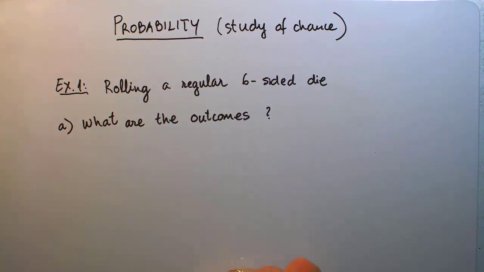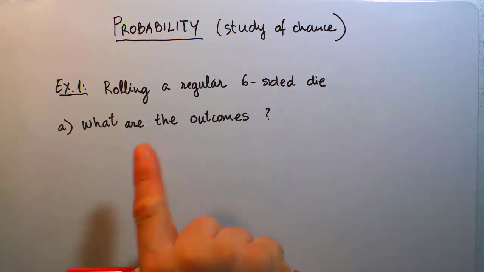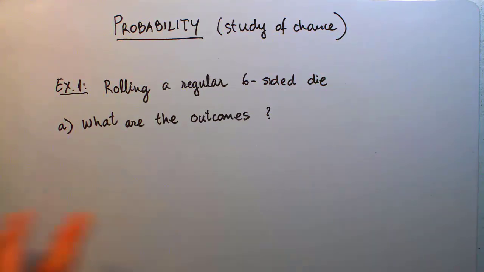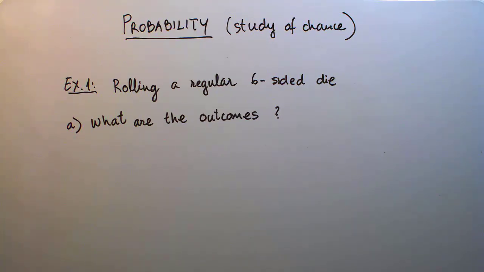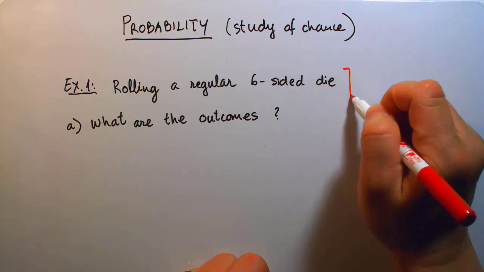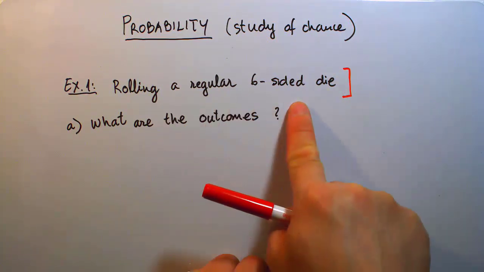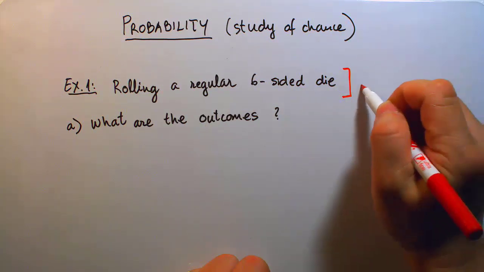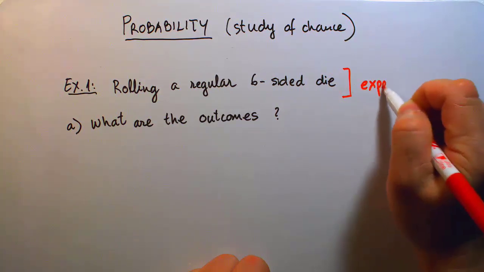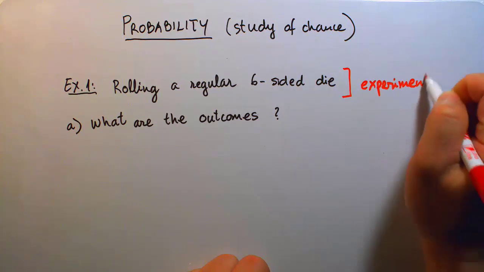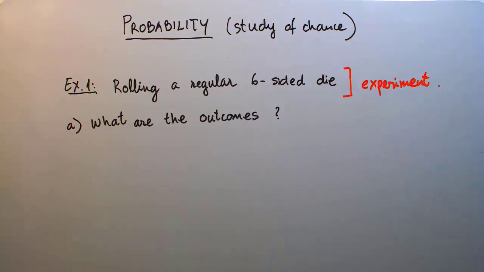Before we rush into an answer, I need to clarify that anytime you are doing a probability, we regard rolling a regular 6-sided die as an experiment. So anytime we run a probability problem, there must be some kind of experiment that generates outcomes.